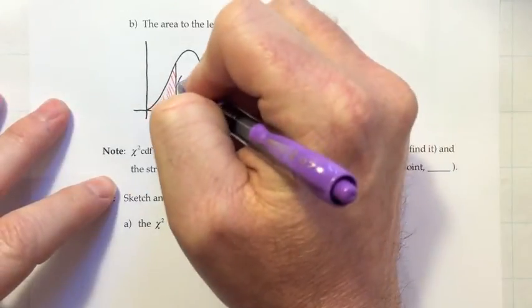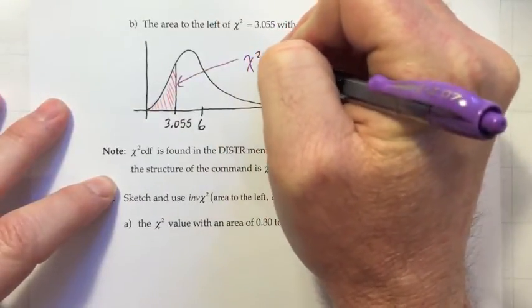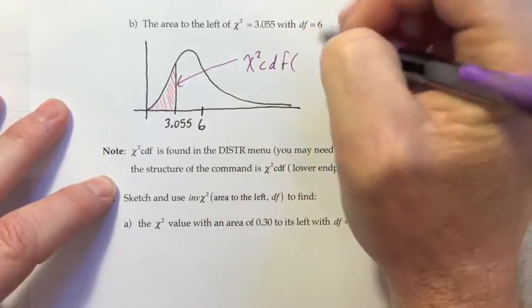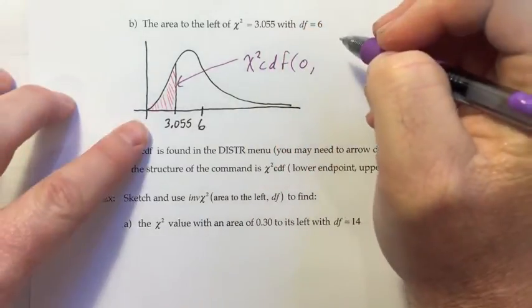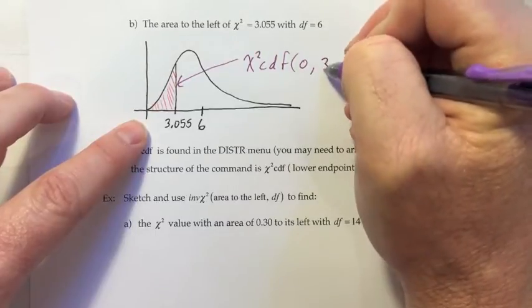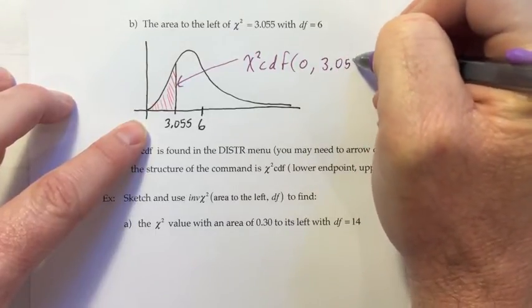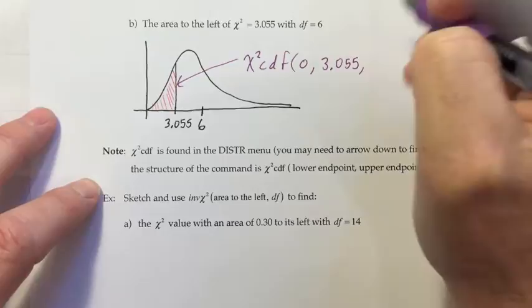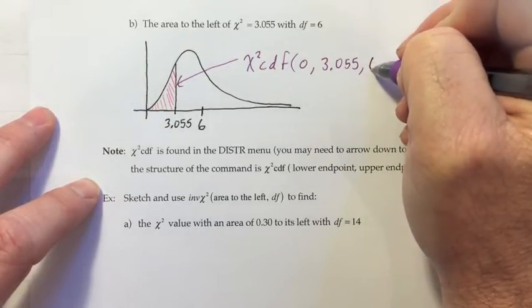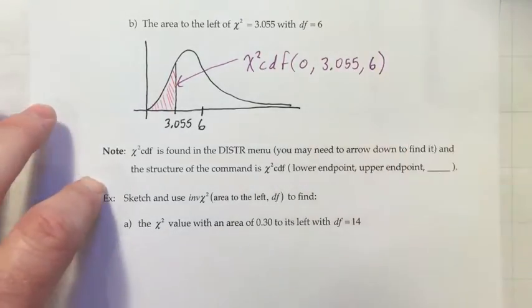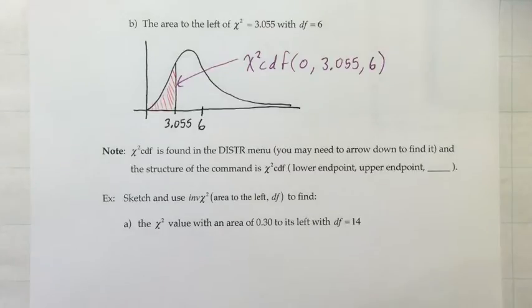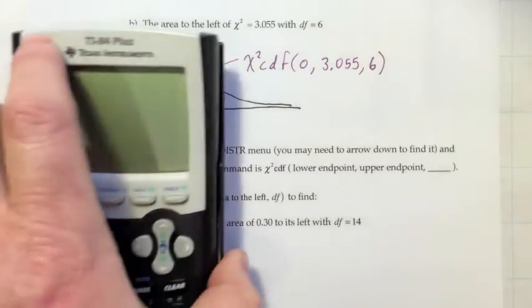So what we're going to want to do is enter chi-squared CDF on our calculator. Our left boundary is 0, so that's where this shaded area starts, and then the right boundary is 3.055, and the chi-squared curve, like a t-curve, needs that degree of freedom, which would be 6. So that's the calculation we want to do on our calculator to find that area. So let's go ahead and bring the calculator in.